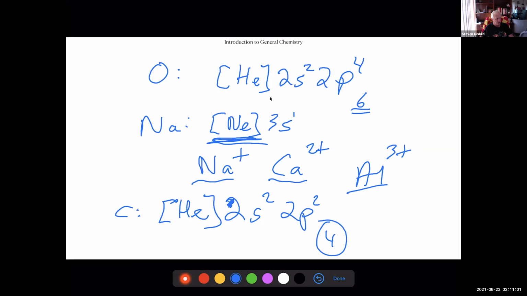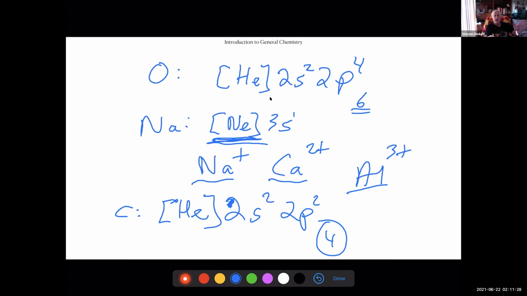The first column is going to lose 1, the second column is going to lose 2, and then boron, aluminum, gallium are going to lose 3. So you get +1, +2, +3. Then you hit carbon. Carbon doesn't lose any or gain any. Carbon's right in the middle. It forms what we're going to go over later, called covalent bonds. That's why carbon is the basis for organic chemistry, because it doesn't have an ion to form. It's our neutral one.